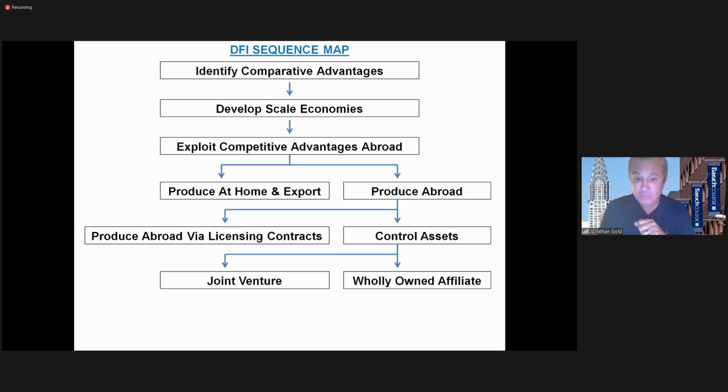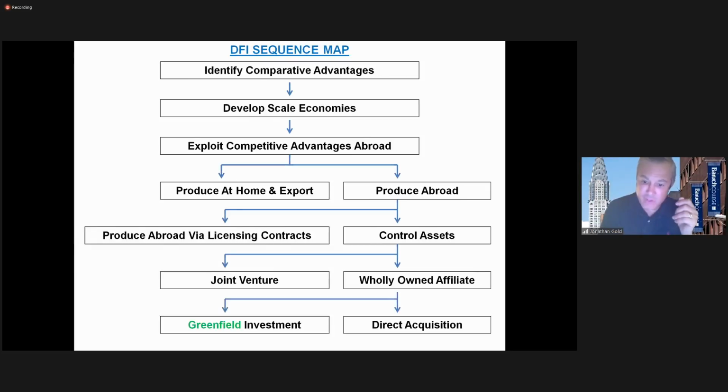So let's say the company has passed on licensing contracts, decides on a JV, and it's still not enough control. The company has one of two options. It can pursue a direct acquisition, which means it's buying an old company, an old facility somewhere. So let's say that BMW was to come in and buy an existing automotive facility. The Ford Explorer was a huge success for Ford, redefined their fortunes.